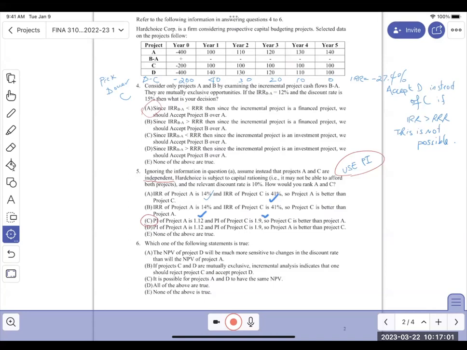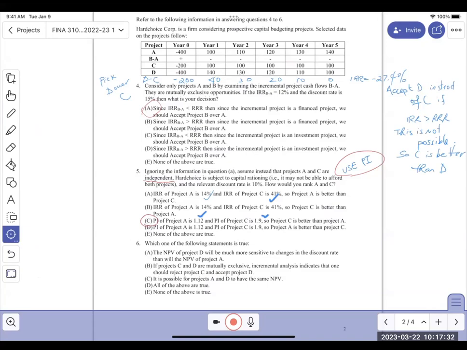So my conclusion would be that I should instead pick C instead of D. If you did just the IRRs, well, you shouldn't, right? You should always do the incremental analysis because you're not sure if these are going to be overlapping.